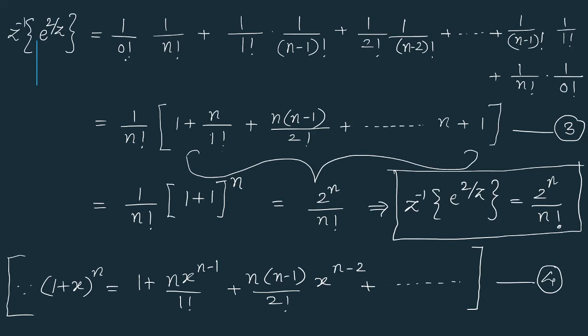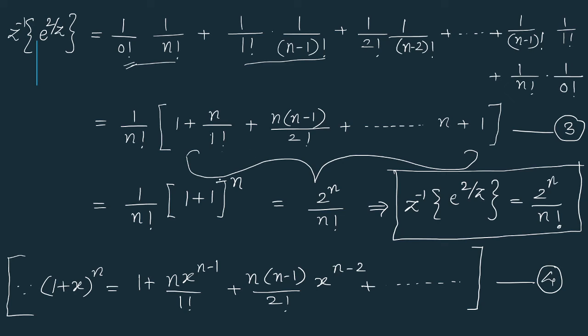In this way, now simplify the terms by substituting m equal to 0 to n. Therefore, if we substitute m equal to 0, we get this value. Then m equal to 1, we get this complete value, in this way up to n. Now, if we take 1 upon n factorial common from all the terms, then we get this equation number 3, this bracket value.